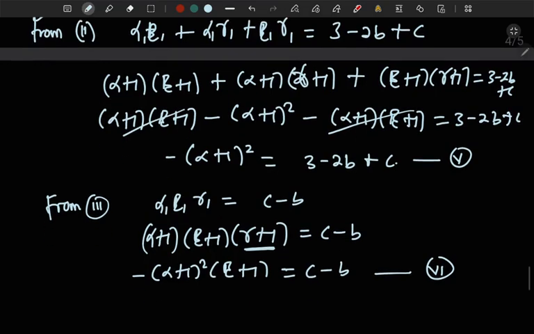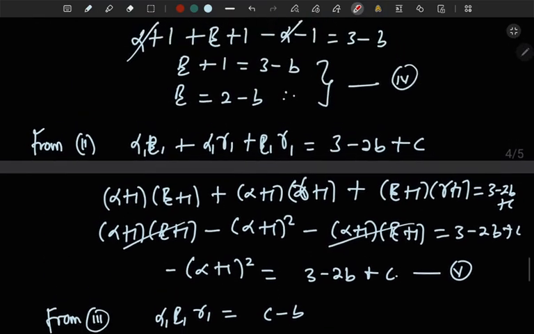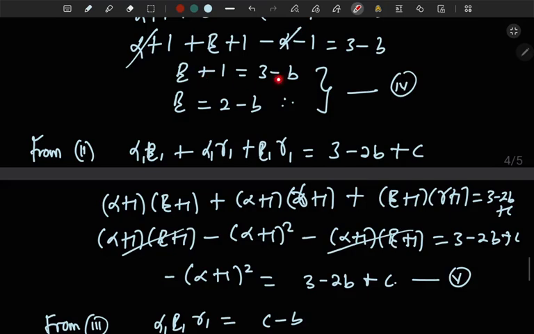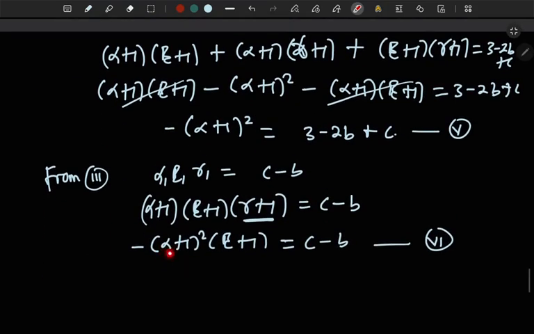Now from equation 5, remember we've gotten the value for minus alpha plus 1 squared to be this, which is 3 minus 2b plus c. So we can just put that here in equation 6. And don't forget again, we also have beta plus 1 to be 3 minus b. So we substitute these two there. So for the minus alpha plus 1 squared, we have it to be 3 minus 2b plus c.